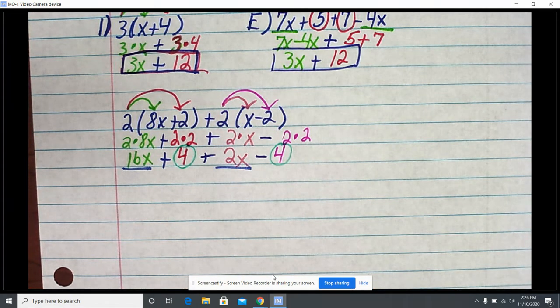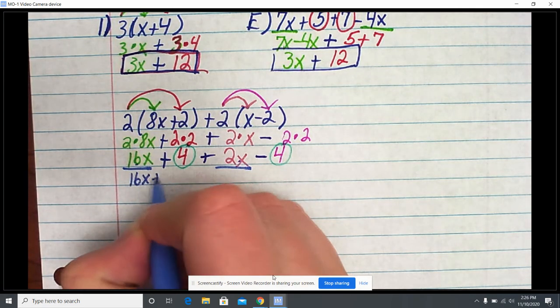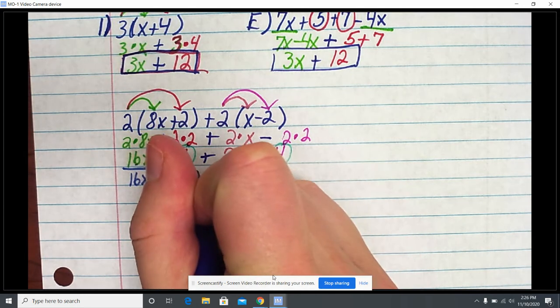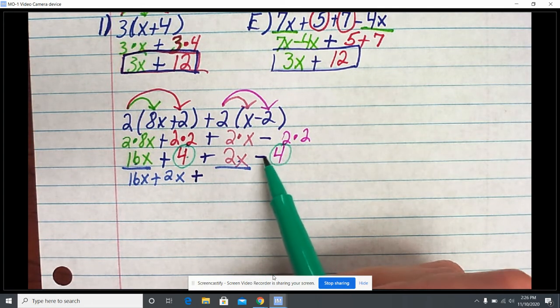Alright. So starting with my underlined terms, remember you got to pay attention to what's in front of that second term that you underline in this situation. So right here I've got a plus sign in front of my 2x. So I'm taking 16x plus 2x. Plus, and then over here, looking at my circle terms, I gotta look what's in front of my second one.